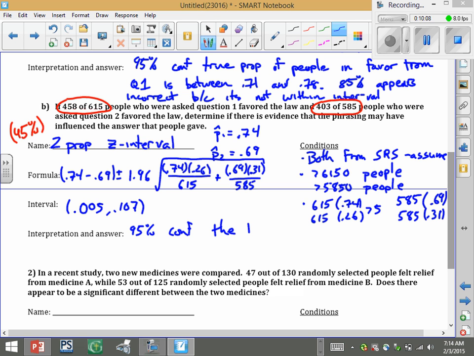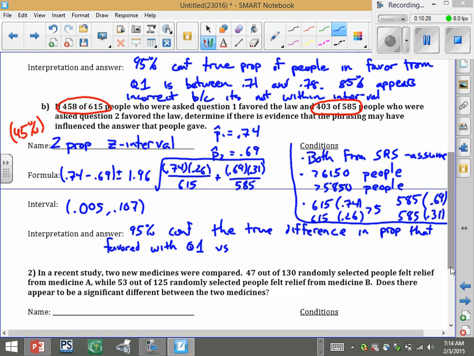the true difference in proportion that favored with question 1 versus question 2 is between 0.005 and 0.107.